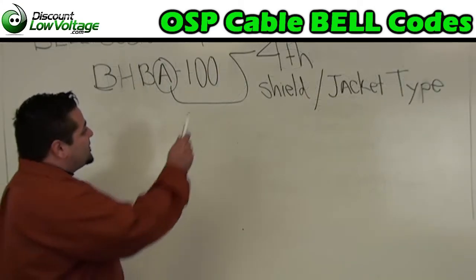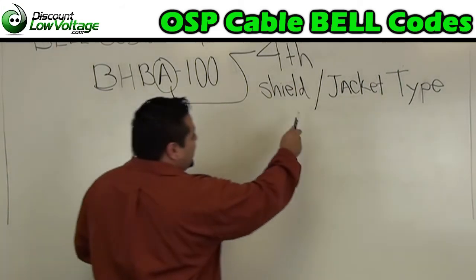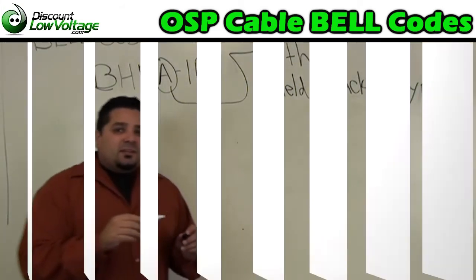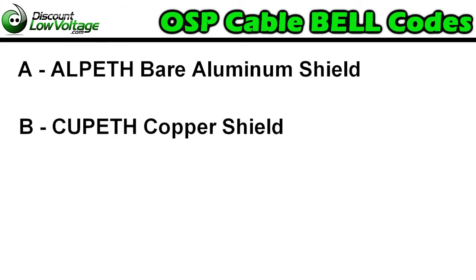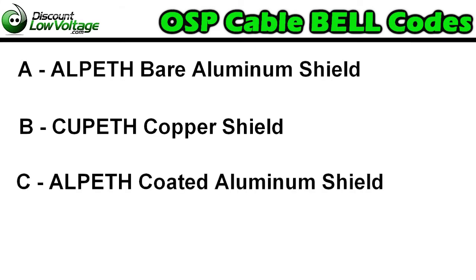Now our fourth designation stands for the shield jacket type. Now there are quite a few options here for you. Now let's check out A. A is an ALPETH bare aluminum shield. B, a Q-path copper shield. C, an ALPETH coated aluminum shield.